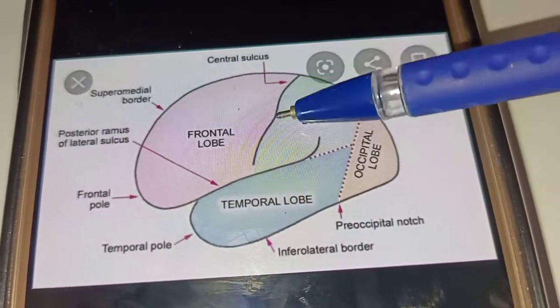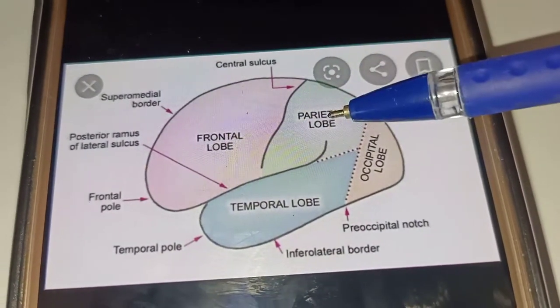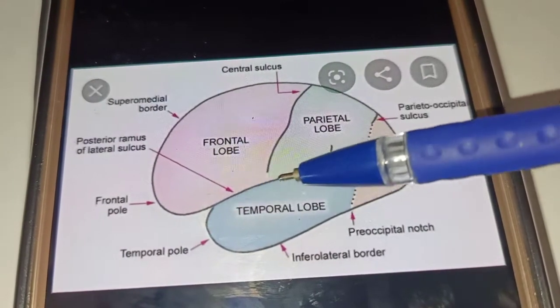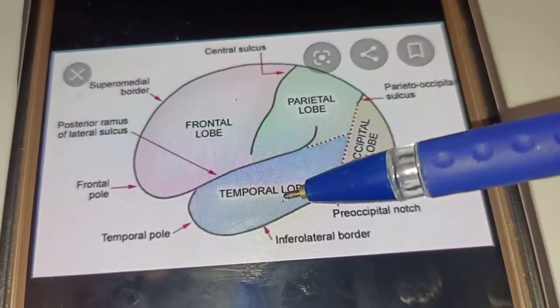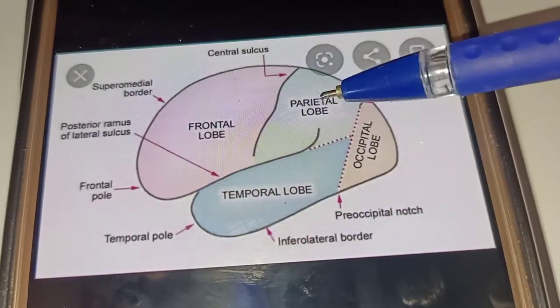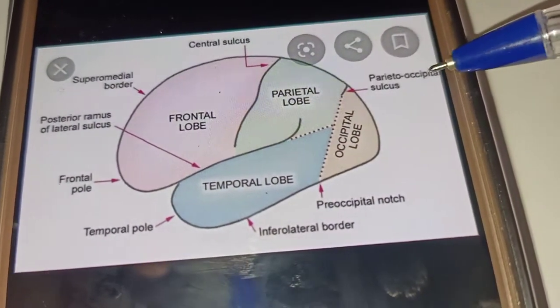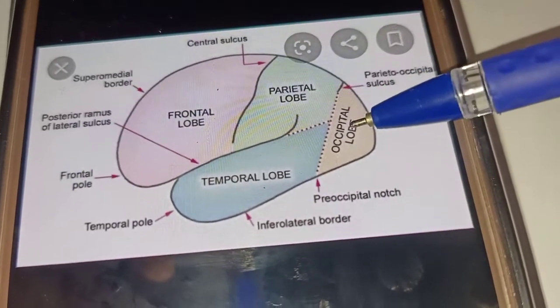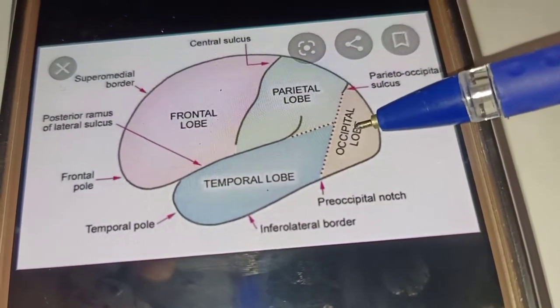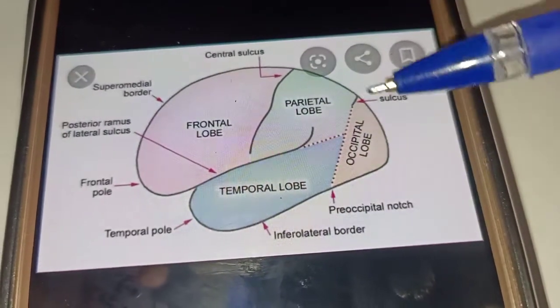You can see here. The lateral sulcus will divide the frontal and the parietal from the temporal lobe, and the parieto-occipital sulcus will divide the parietal lobe and the occipital lobe. Clear? So these are the sulci and the lobes.